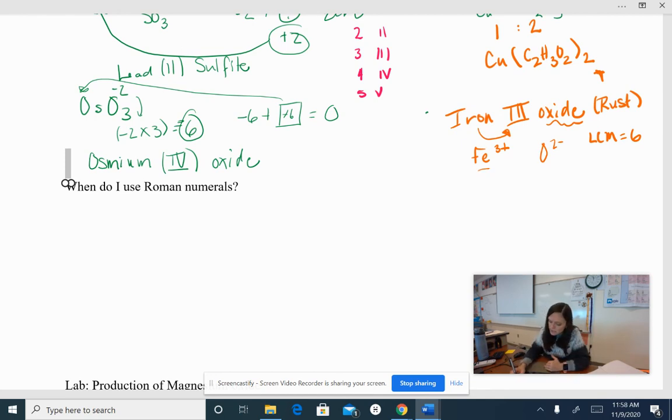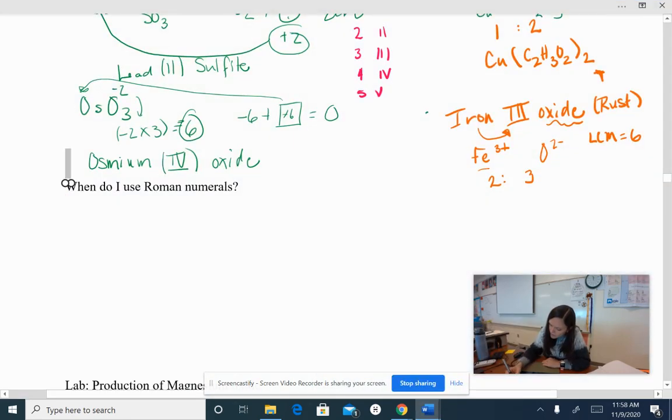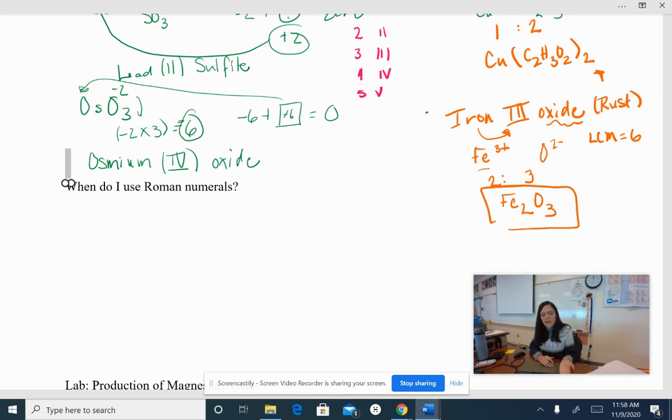I need 2 of them, so I'm going to need 2 irons. How many oxygens am I going to need to get to a negative 6? 2 times 3 gives me 6, so I'm going to need 3 oxygens. So I will need 2 irons and 3 oxygens. That is how you write the formula for iron 3 oxide, rust.